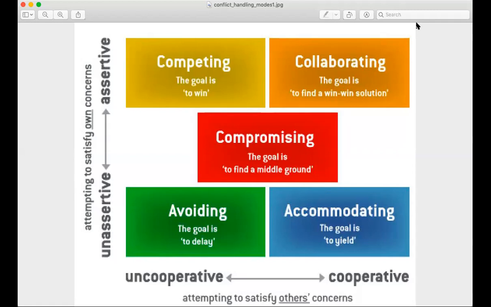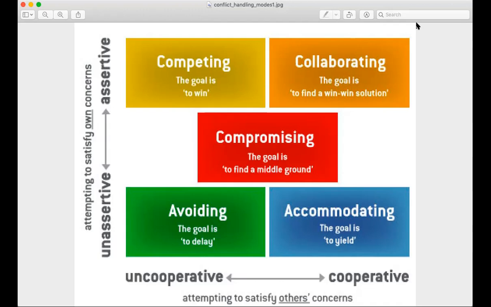So, as you can see, the lower end of it, bottom left, which is very unassertive and very uncooperative, is avoiding. And then someone that is highly assertive and highly cooperative is at collaborating.